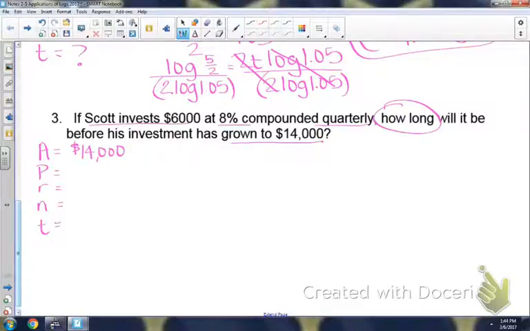P is your starting amount, which is 6,000. The rate would be 0.08. N is the number of times it's compounded per year. It says compounded quarterly, which means 4 times a year, and we're looking for the time again.